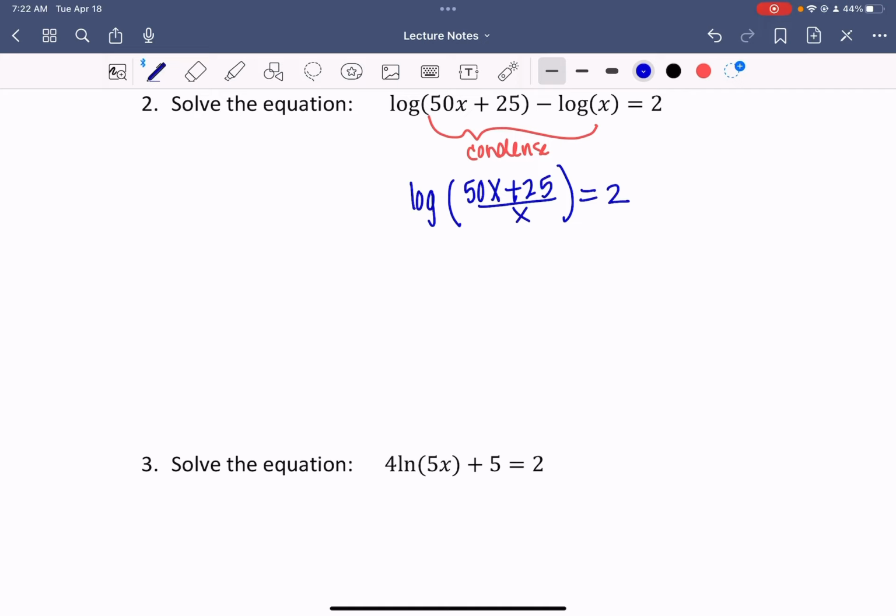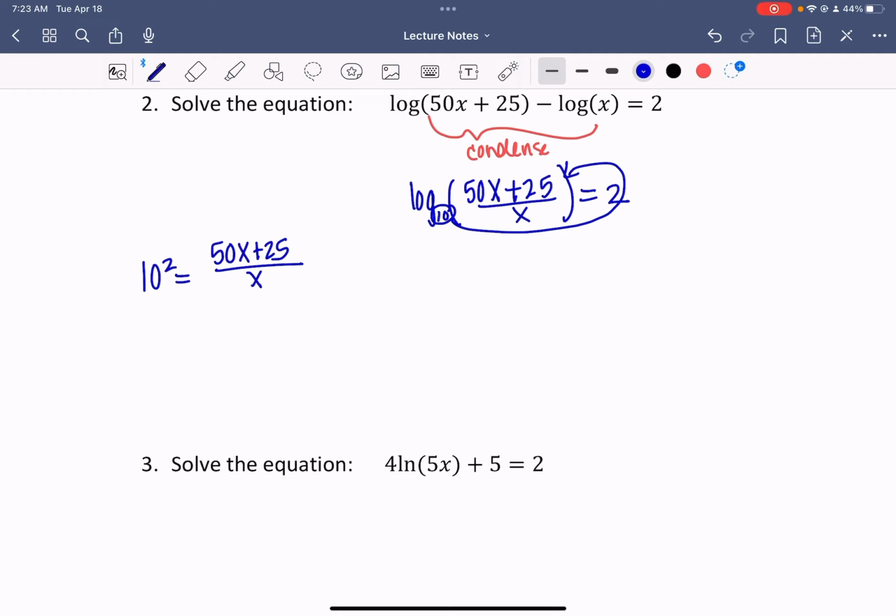But now I'm back to where I was before in equation number 1. I have a log equal to a value. So if I can't do something with it, I'm going to change it up by changing it to an exponential. Now remember, this is base 10 if it's not written. So when I change this to an exponential, I'm going to get 10 squared equal to 50x plus 25 over x.